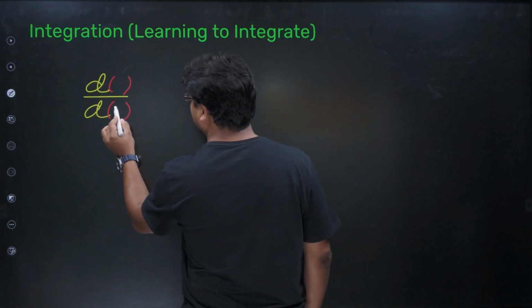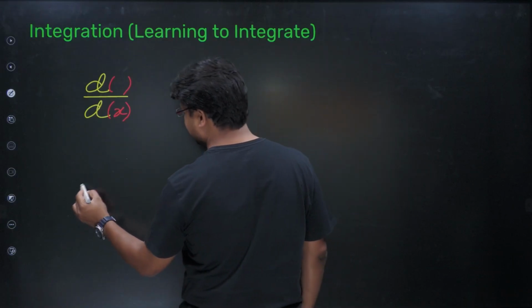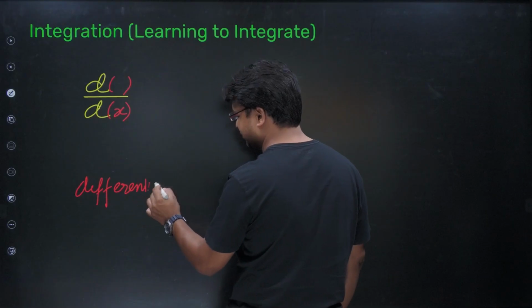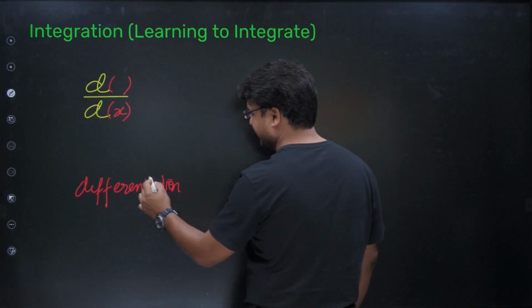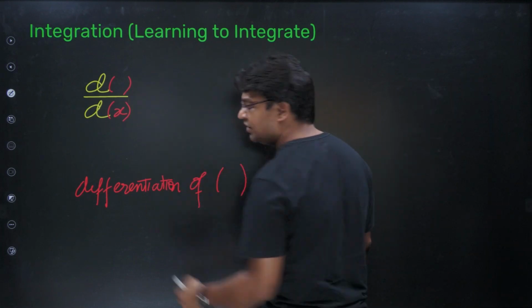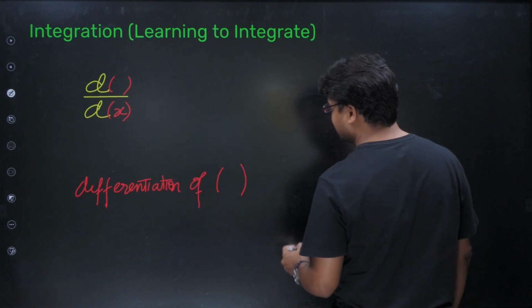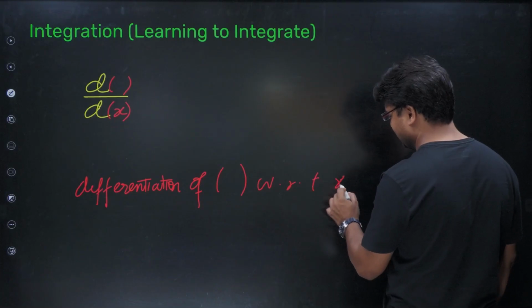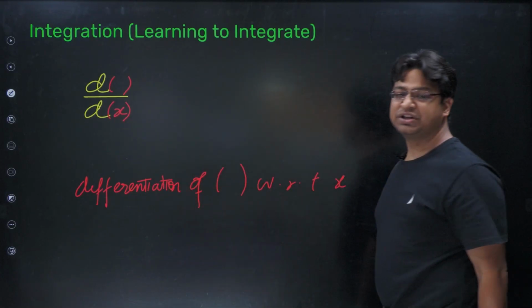Usually we write an x here and we say differentiation of whatever is written here. For now nothing is written here, so let me just write a blank space. So differentiation of whatever with respect to x.